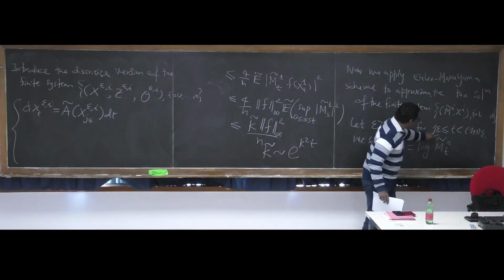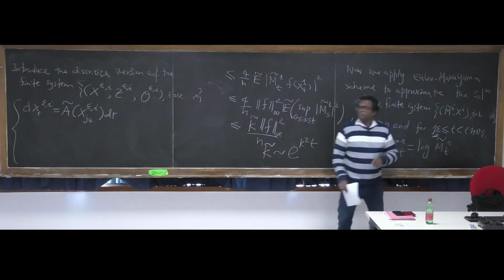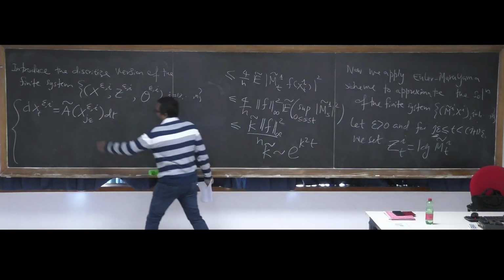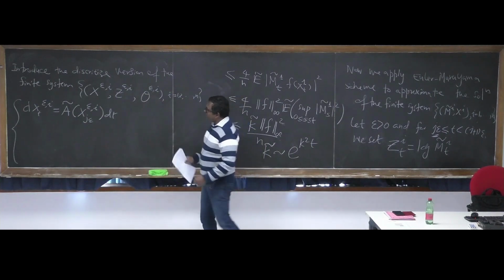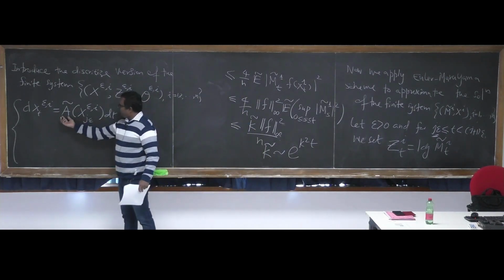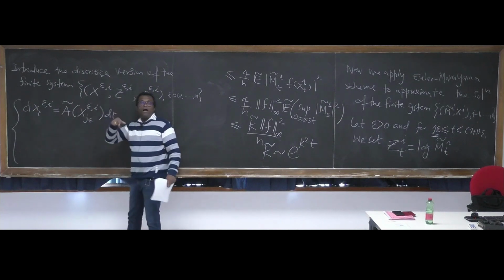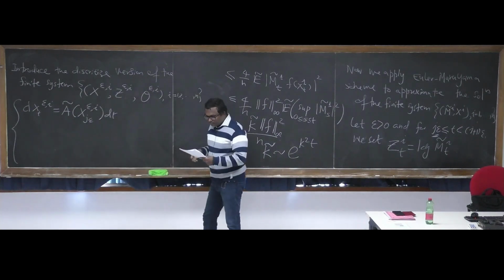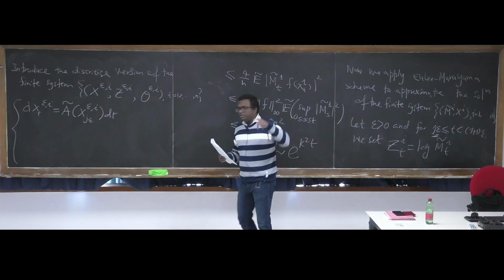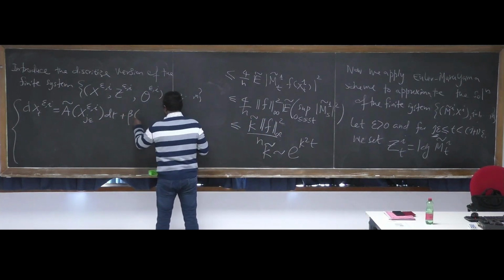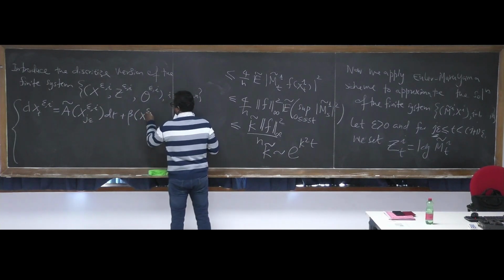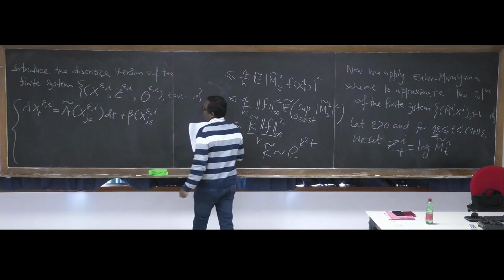Okay, this is the left endpoint. So you will notice, what is a tilde? A tilde is the function alpha minus beta times h, right? Plus beta x epsilon i at j epsilon.